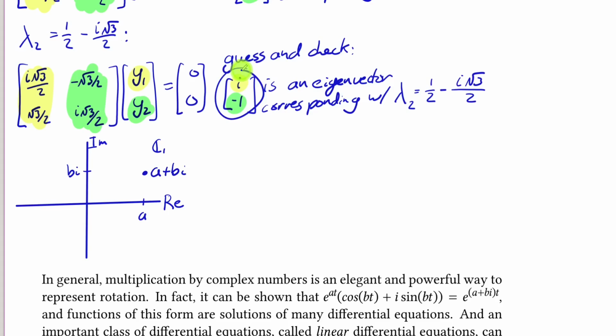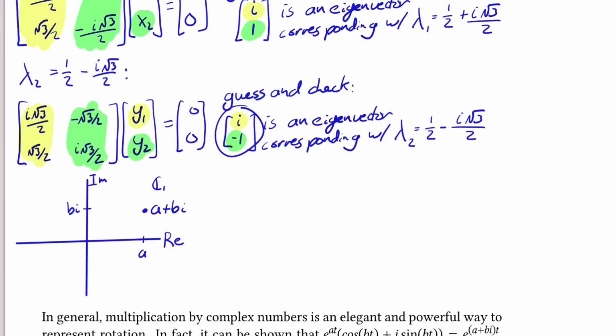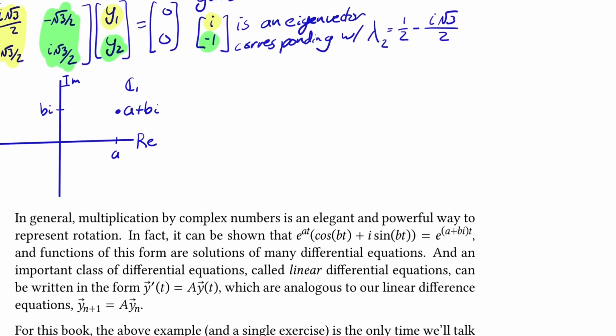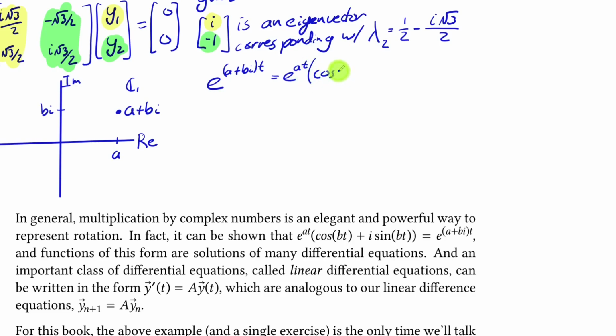And it does turn out that multiplying by this complex number does do a 60-degree rotation. It can be shown that this lovely fact here is true: Euler's identity, that e to the power (a plus bi) times t is the same thing as e to the at, just a regular old real exponential part, times the quantity cosine of bt plus i, the imaginary unit, times sine of bt.